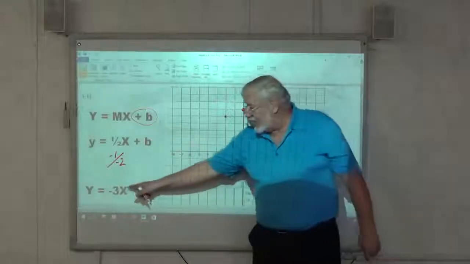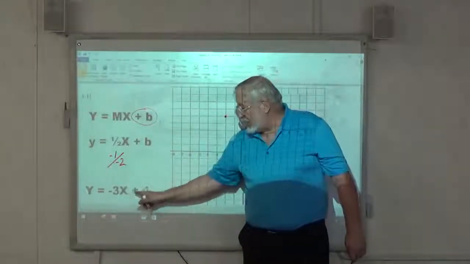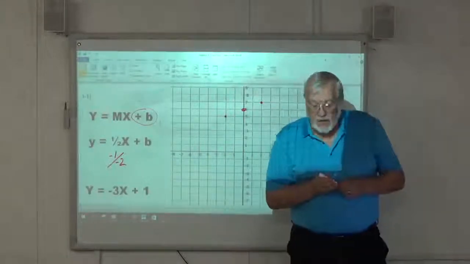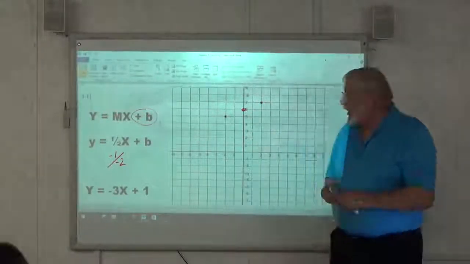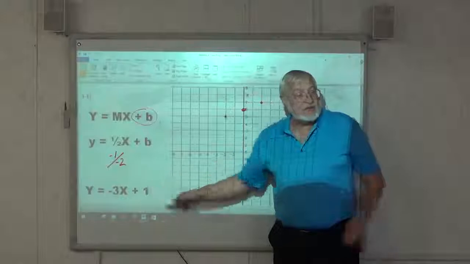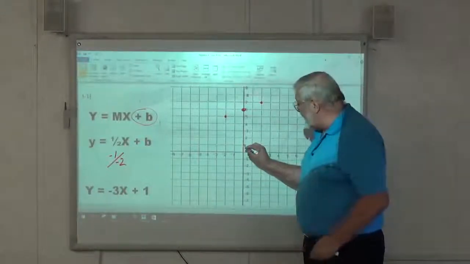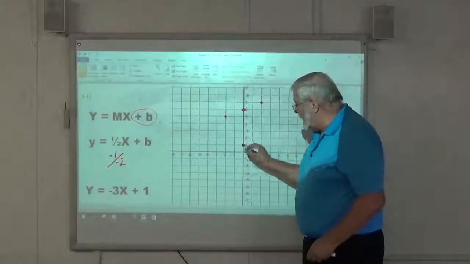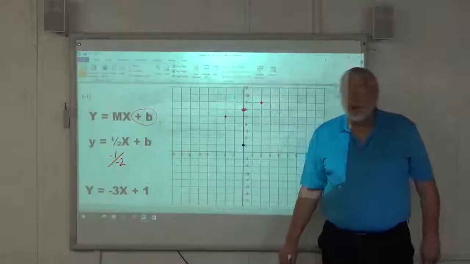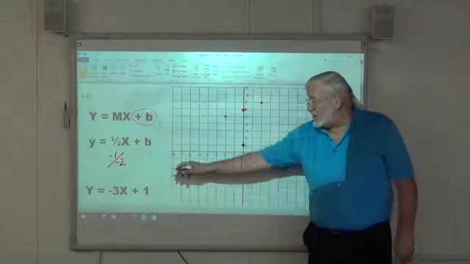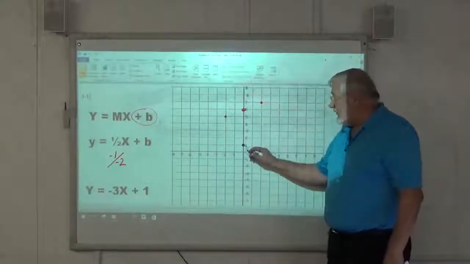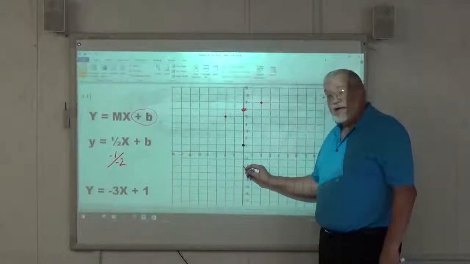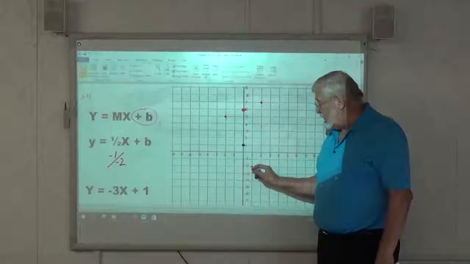Now, this last one down here says -3x plus 1. All right, so where do I start? I start on the intercept. The intercept is 1. So I start here. Now, how do you do a slope of -3? It's down 3, 1, 2, 3, and over 1.